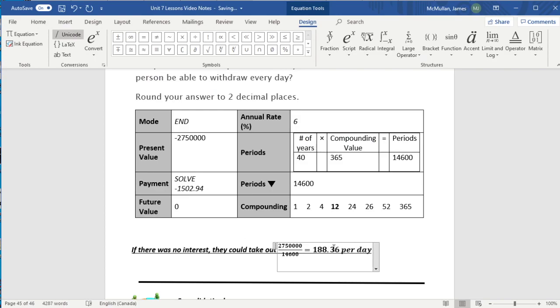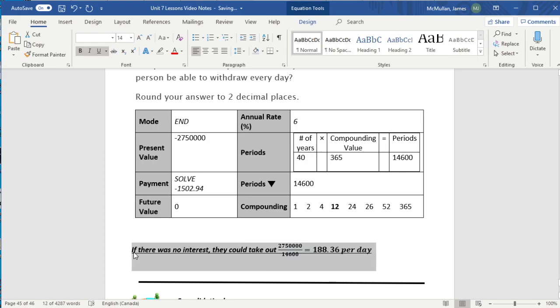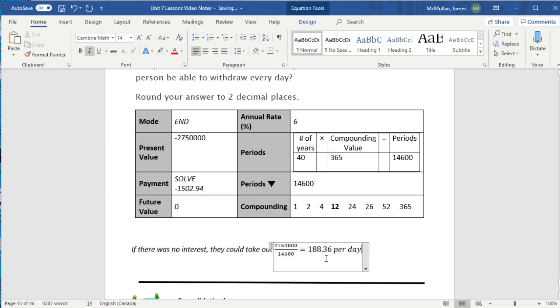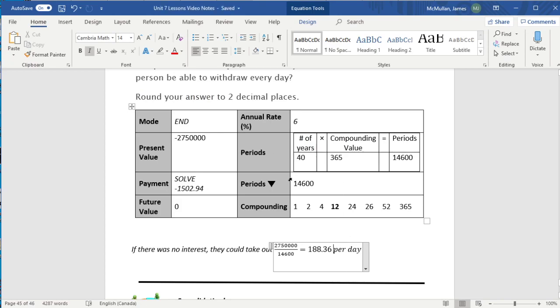Obviously $100 a day would be really nice for anybody, but it doesn't seem that big. $200 a day is still a lot of money, but it seems like you could easily spend that. So 2.75 million divided by 14,600, that's how much they would get per day if there was no interest in the equation.